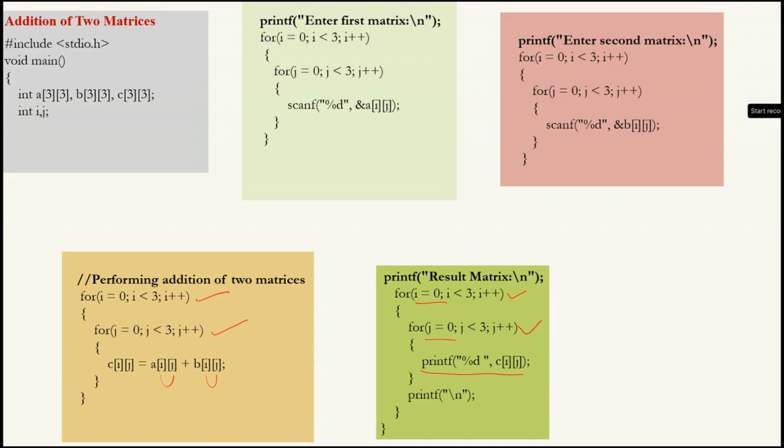As the arrays that I have taken are of type integer, here I am using %d, followed by the resultant matrix stored in C, so I am giving C of ij, followed by \n, because the output should be in matrix format like this. After each row is printed, the compiler will go to the next line for the next for loop. So this is how we write a program to add two matrices.